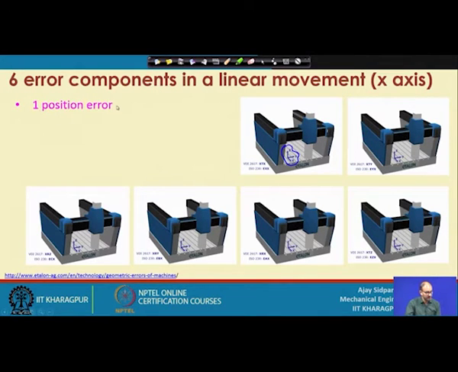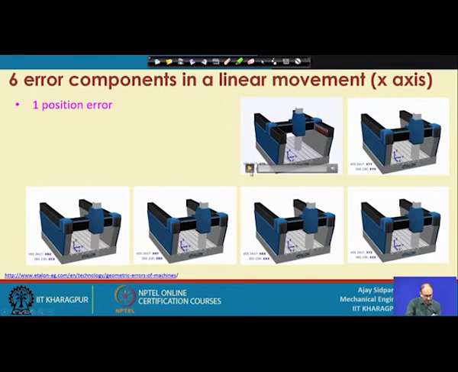The first one is the position error. Position error means, right now we are talking about the x axis only. Your tool, or whatever this particular motion control, is perfectly fine in the y direction. Now, consider that it has no problem in the y axis and x axis, so your tool is always in a straight line, meaning there is no deviation in this particular part, but the only thing is that when it is moving, now consider that it is moving.